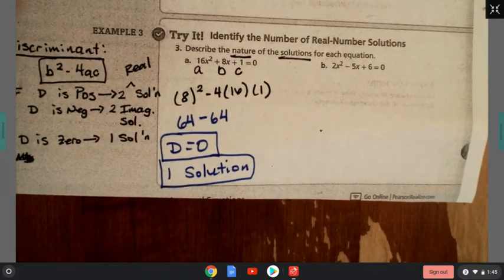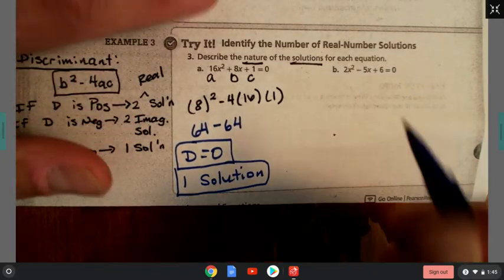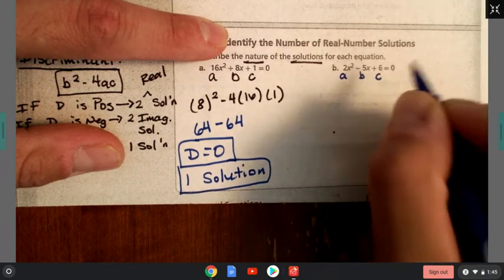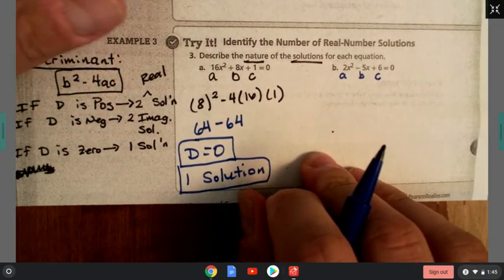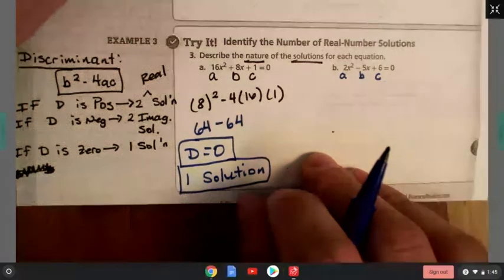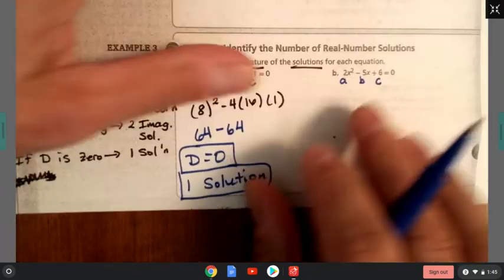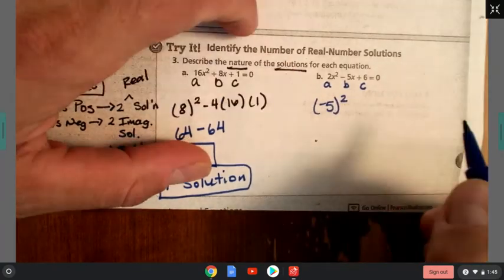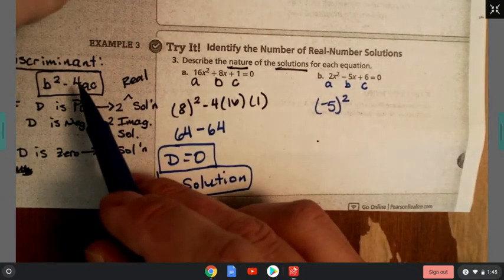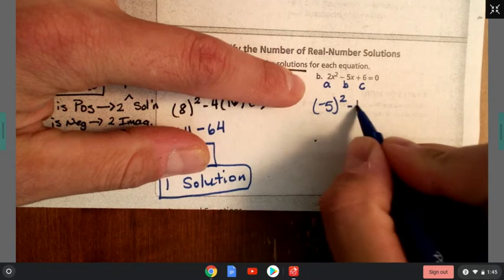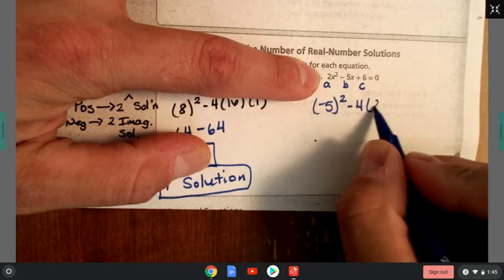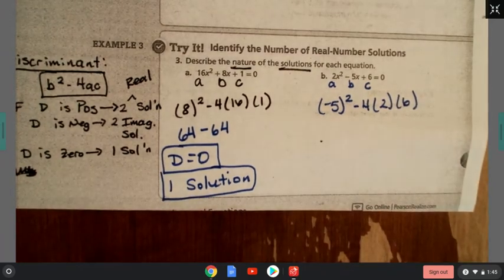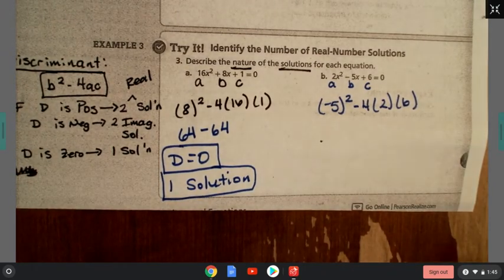All right, let's do the same thing for b, as in boy. Remember, a is in front of the x squared, b is in front of the x, c is by itself. So we plug it all in. b squared would be negative 5 squared minus 4ac. Minus 4 times a is 2 times c is 6. So now we just do our math, right?